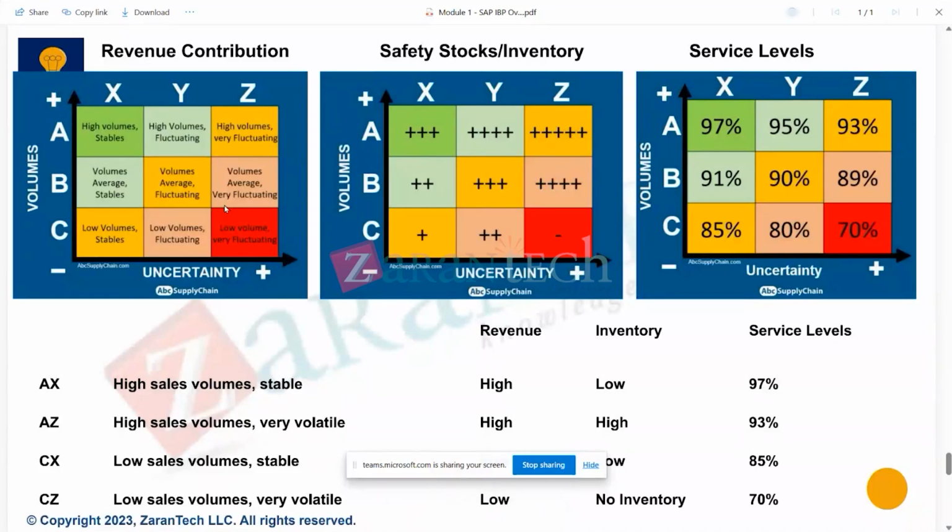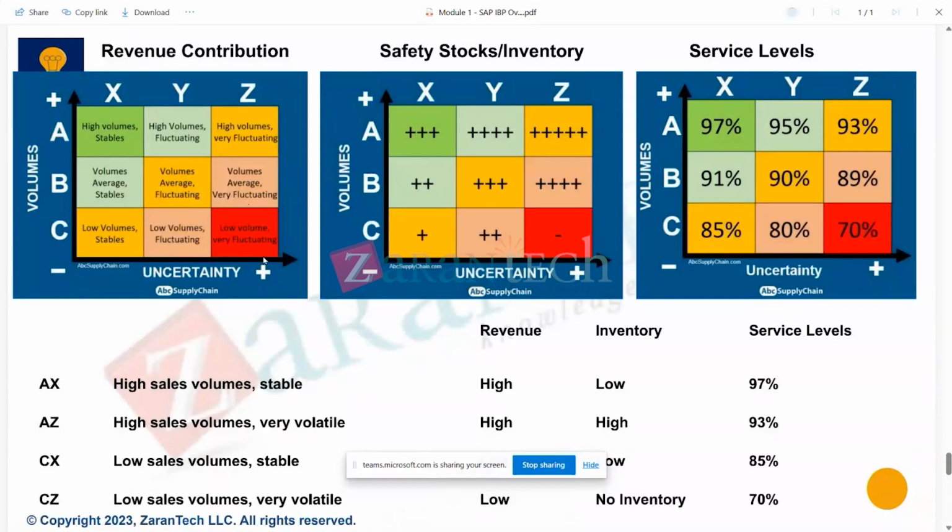Now, for example, let's talk about the bottom of the box, wherein the volumes are C, that is extremely low volumes, and uncertainty is high. So when it is low volume with a very fluctuating material or very fluctuating customer, you don't need to keep any stocks for them. You need not plan for them, because this customer may be buying material for a specific project.